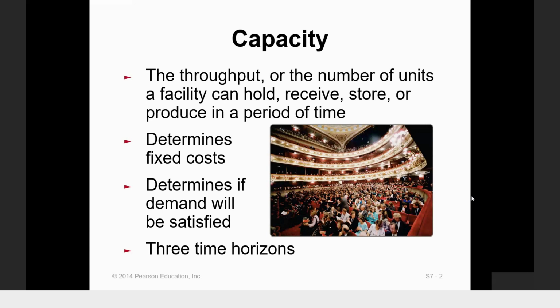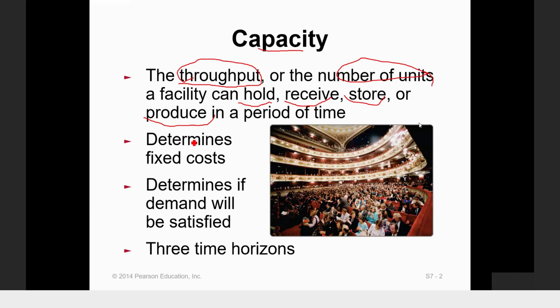If we are talking about manufacturing, we would like to know, for a warehouse, how many products it can hold. Or throughput, or number of units the facility can receive, can store, or a machine can produce. This is what we mean by capacity.